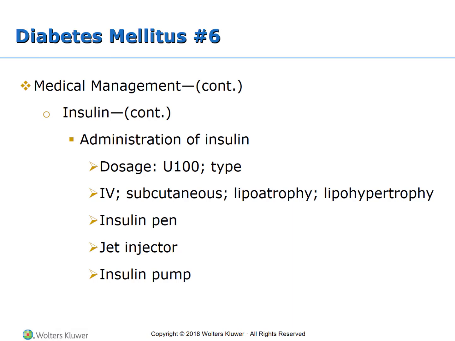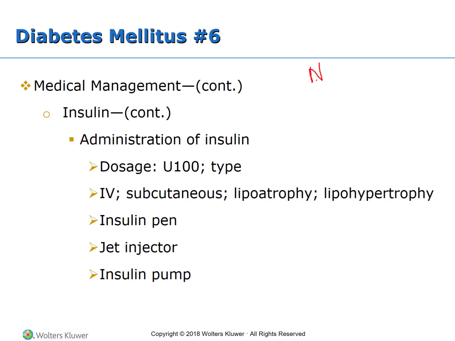The most common way of injecting insulin is subcutaneous, and some of you may already have experience injecting subcutaneous insulin. You have to pick the right needle as well, so don't forget about that. If you have to mix insulin, which is also part of administration of insulin, remember something, maybe this will help you.